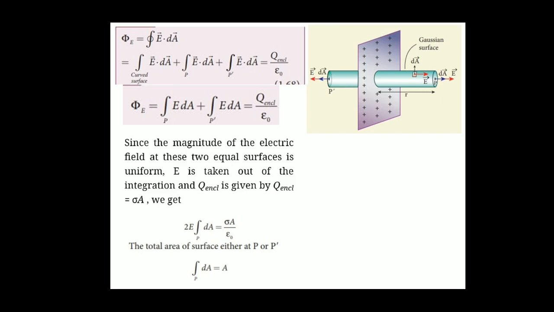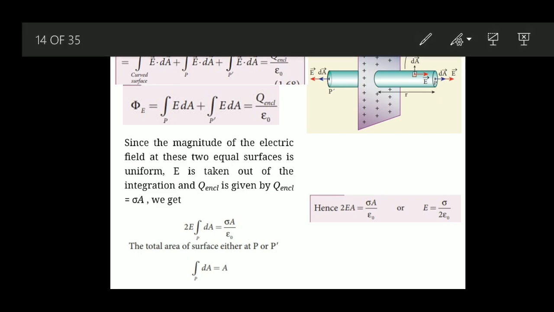So what will this equation become? It becomes 2E into A is equal to sigma A by epsilon naught, and A will get cancelled. Both the A's will get cancelled.